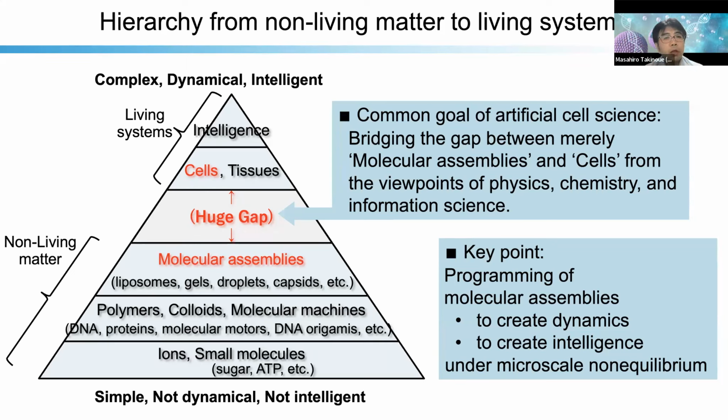Also, living systems can control themselves without needing other controls. Such autonomy can be realized in non-equilibrium systems. As a result, unlike mere matter, those properties can produce living phenomena such as learning, adaptation, and evolution.